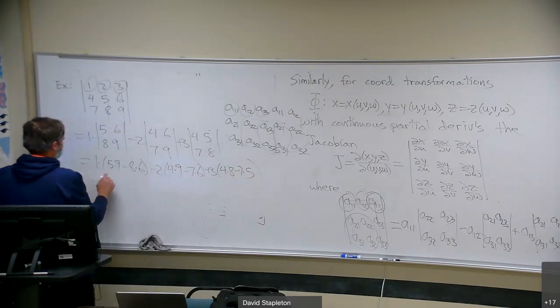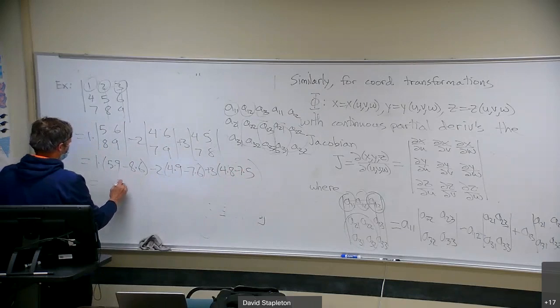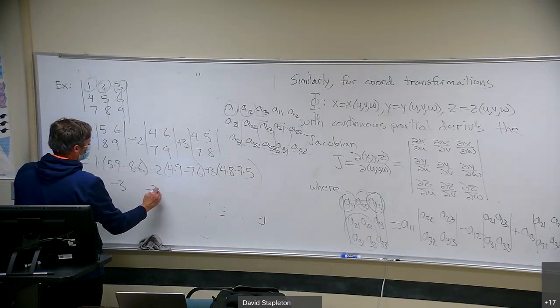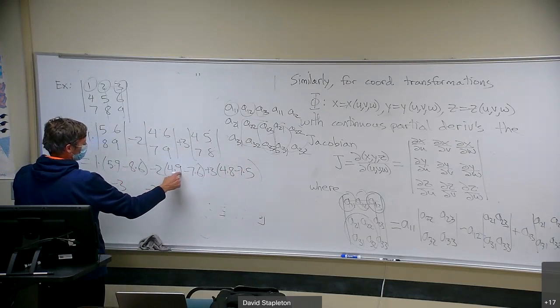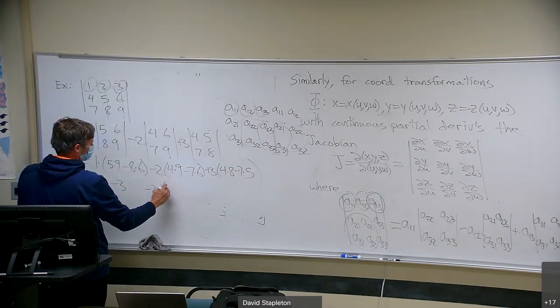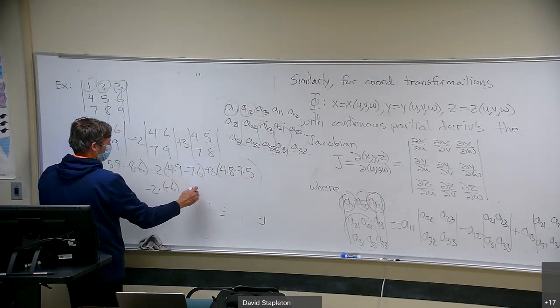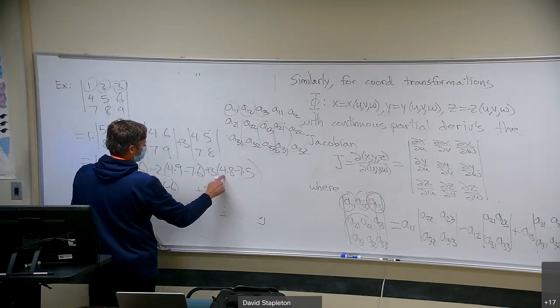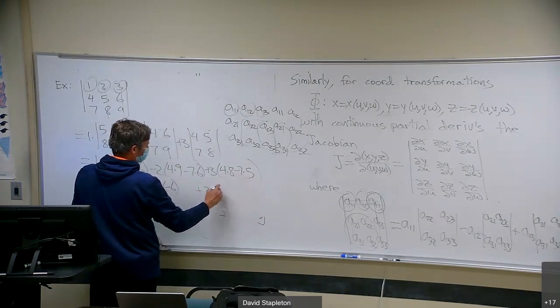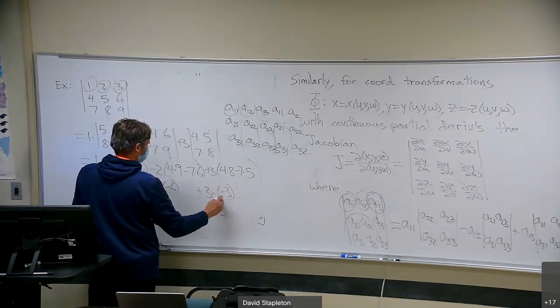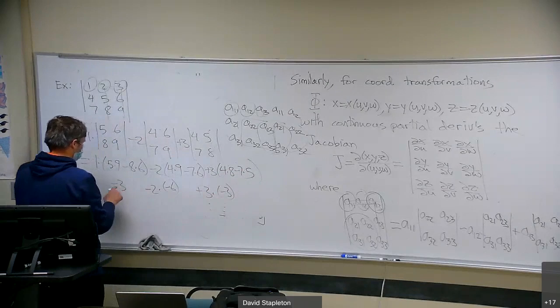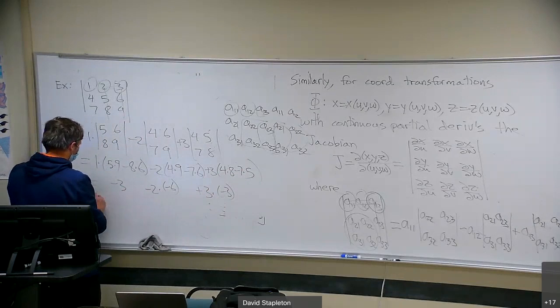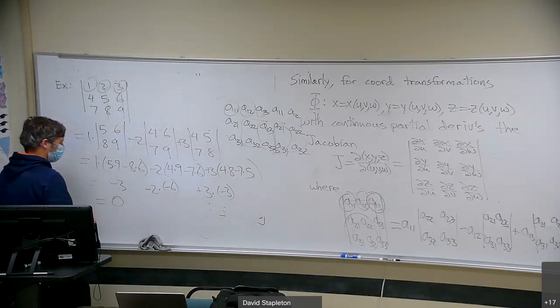We come out with 45 minus 48 is minus 3, minus 2 times 36 minus 42 is minus 6, and plus 3 times 32 minus 35 is minus 3. I've got minus 9, minus 3 more is minus 12, plus 12 is 0. So this determinant comes out to be 0.